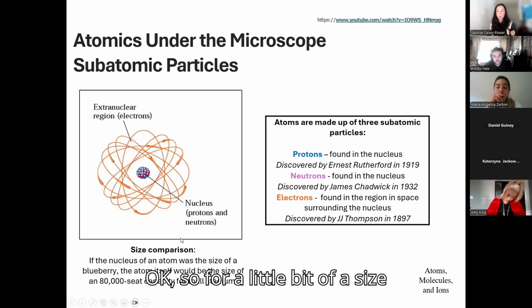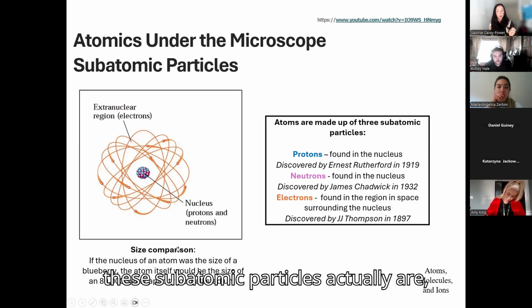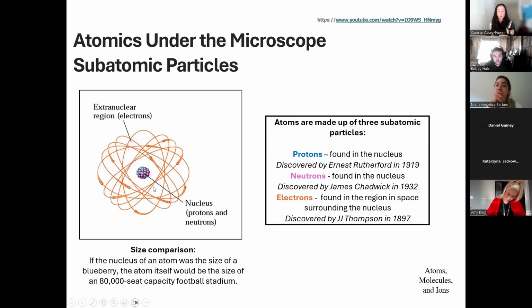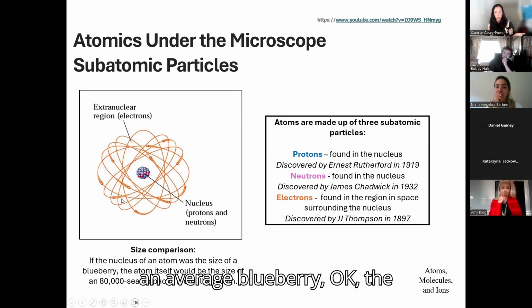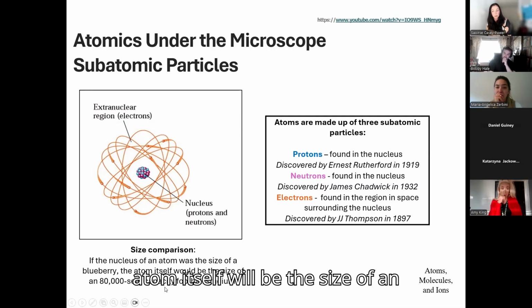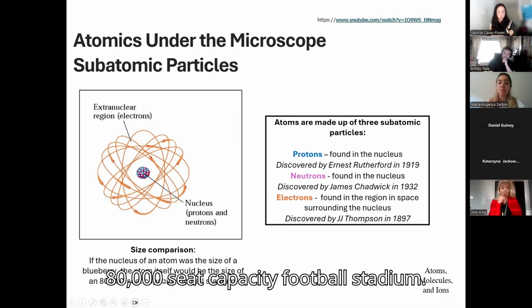For a size comparison of how small these subatomic particles actually are, if I were to blow up the nucleus of an atom to the size of an average blueberry, the atom itself would be the size of an 80,000 seat capacity football stadium.